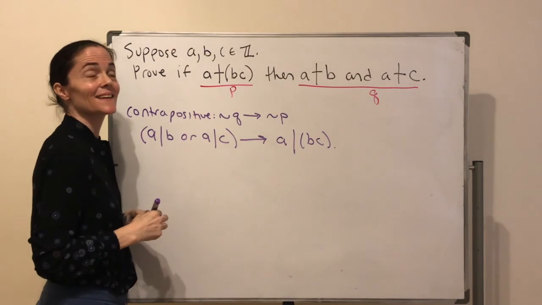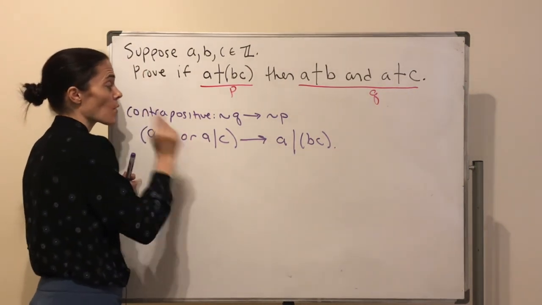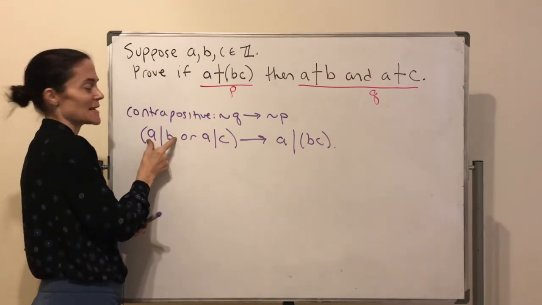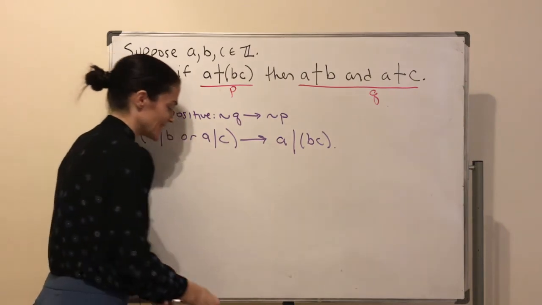And just like the very first example we did today, this is an or. So I will have to assume case 1, A divides B, case 2, A divides C. Okay.